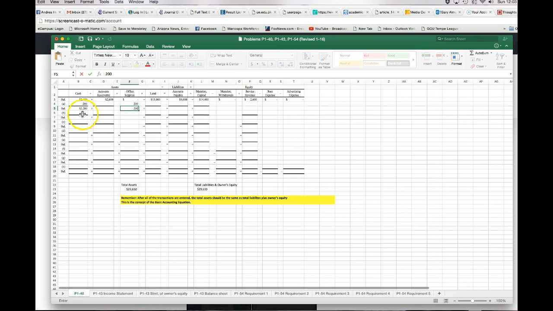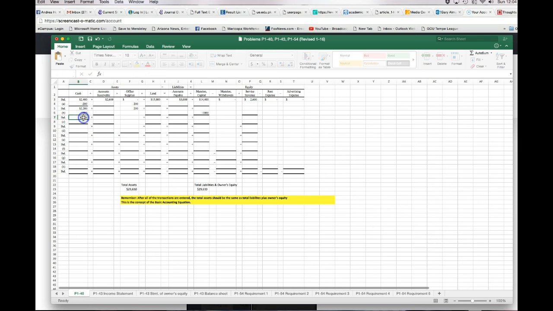So for transaction B, let's say that the owner withdrew money from the capital account. So we're going to decrease cash by, let's say, $1,000. And we're going to withdraw money from the capital account for $1,000.